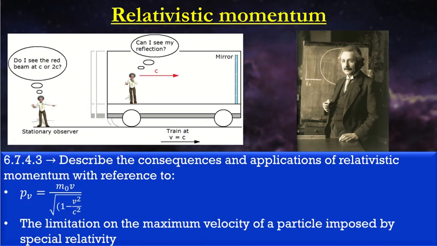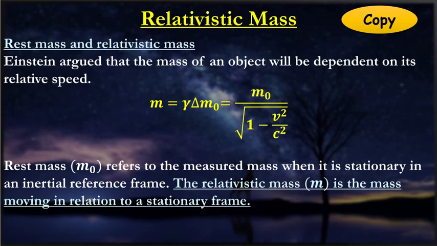So, if we actually have a look at this, we have relativistic mass. Einstein argued that the mass of an object is dependent on its overall speed. There are a lot of different equations we can use.